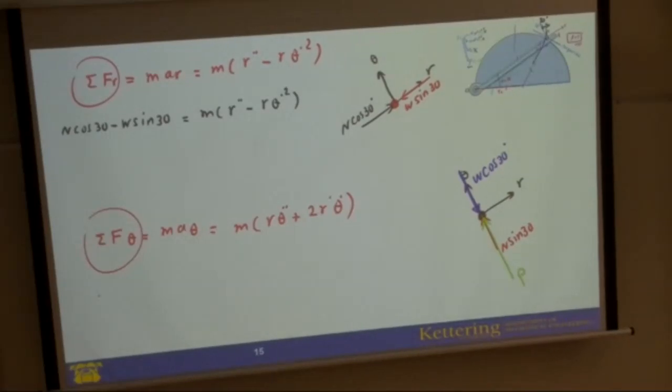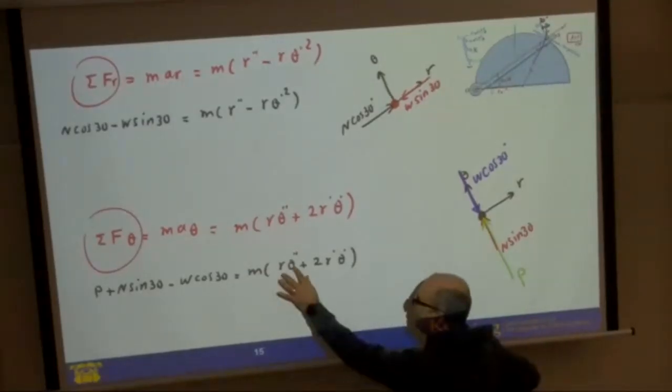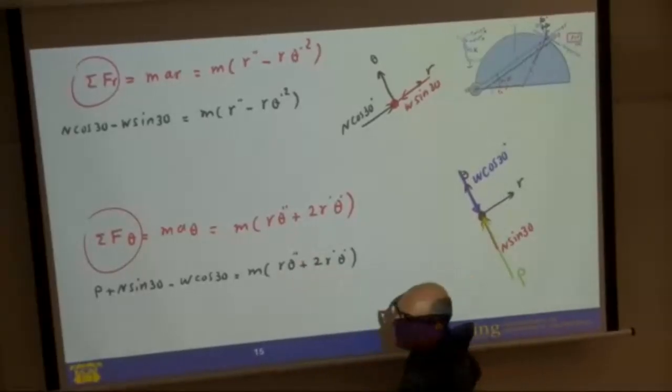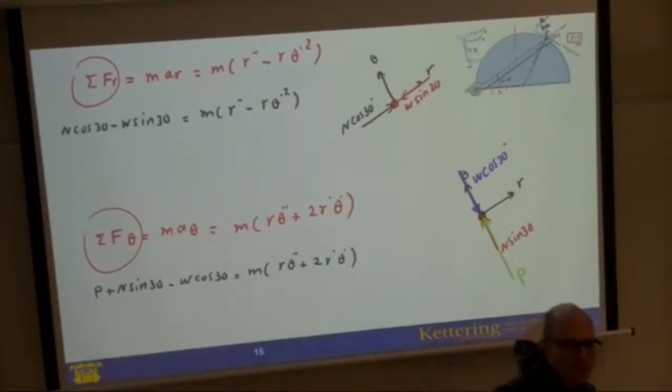Also along the theta, it is P plus N sine 30 minus W cosine 30 equal to mass multiplied by R theta double dot plus 2R dot theta dot. Now, we just found the left-hand side of the equations. We need to calculate the R, R dot, and R double dot for the right-hand side of this equation.